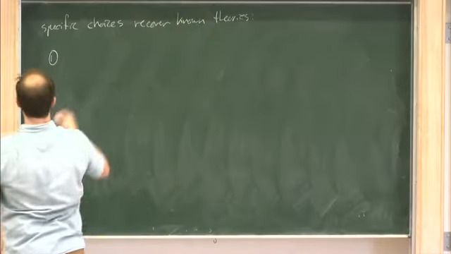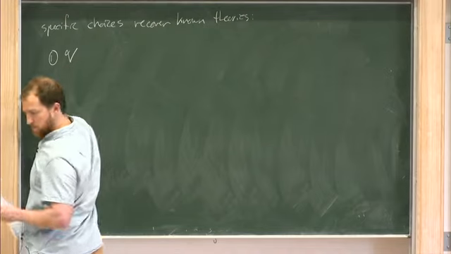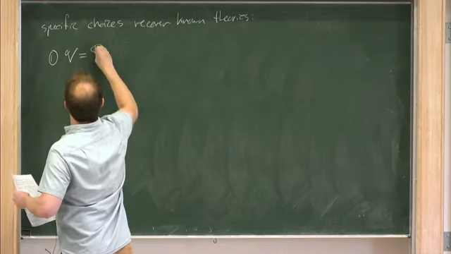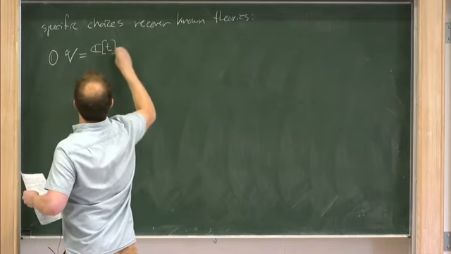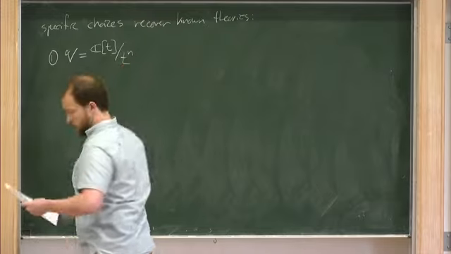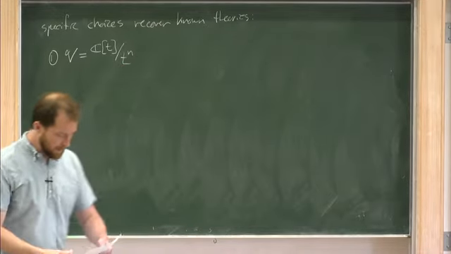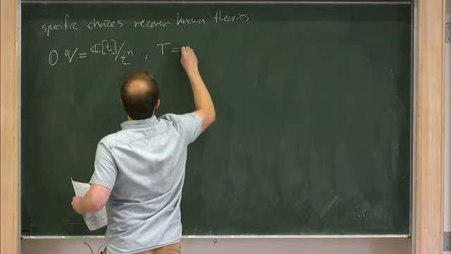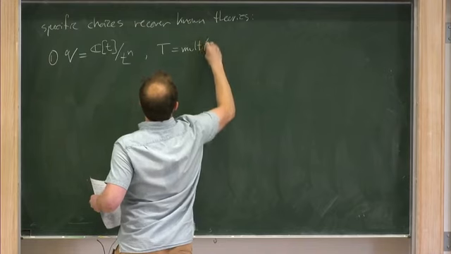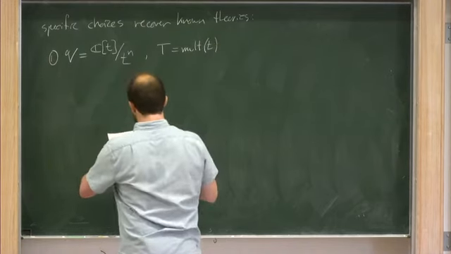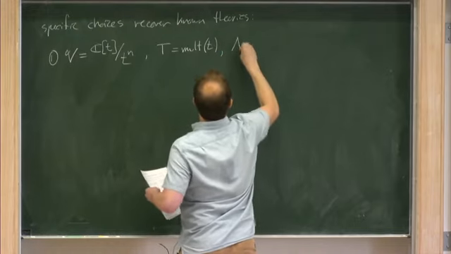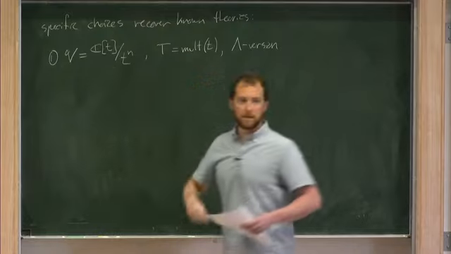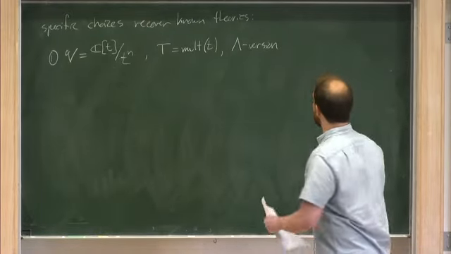So my first choice is I could let V be the Khovanov-Rosansky unknot. I could let T just be multiplication by t, and I could use the wedge version, also known as just putting this thing in even superdegree.